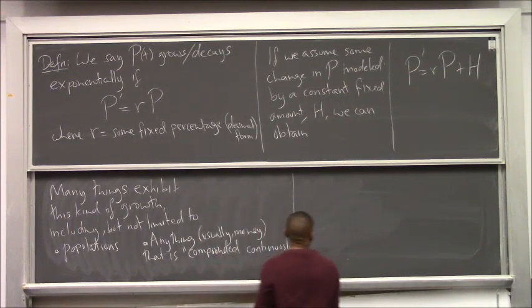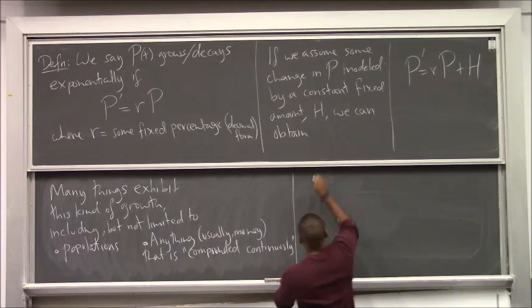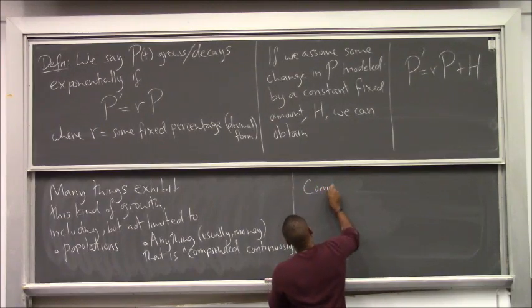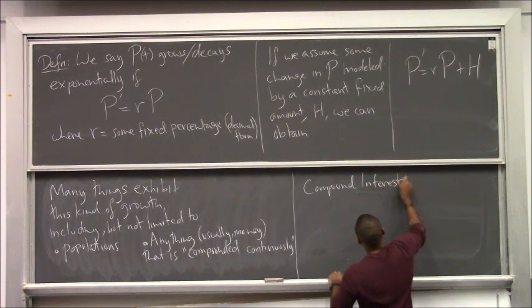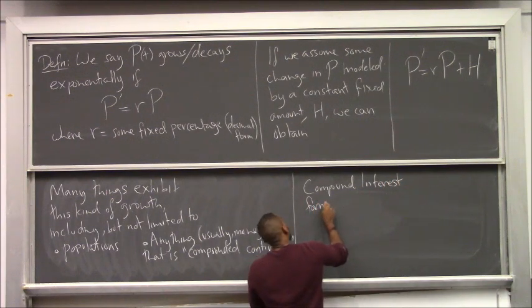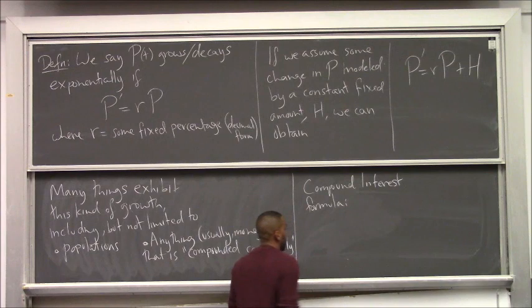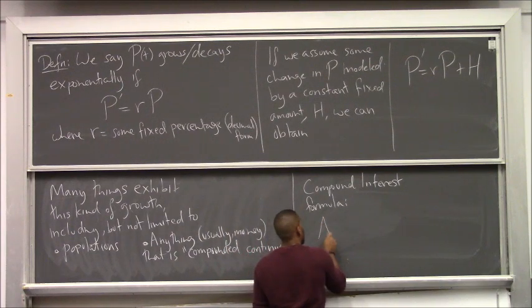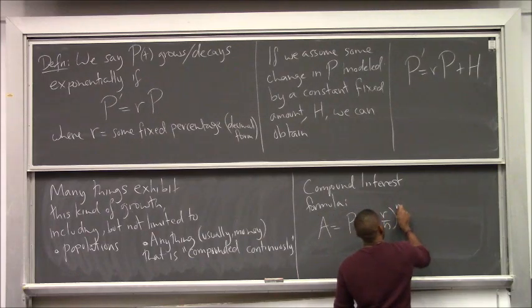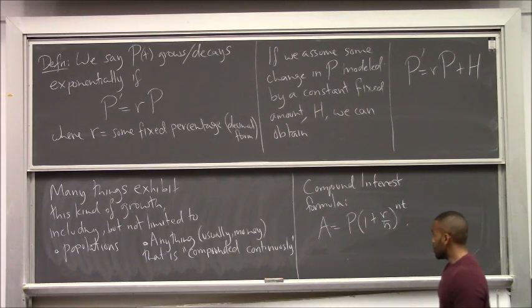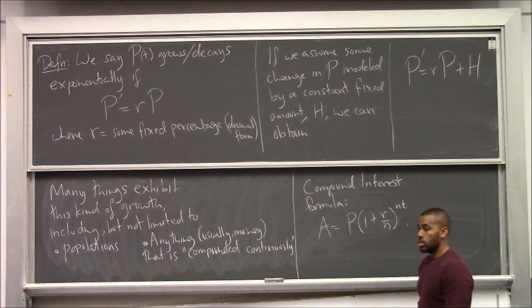How did we see this? Well, if you look at the compound interest formula, that looks something like A equals P(1 plus r over n) to the nt. It's a general solution to the other one, right?